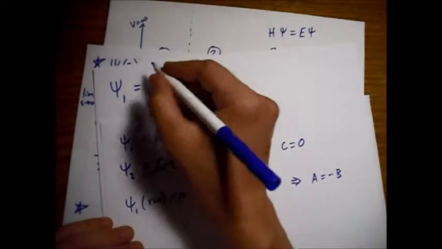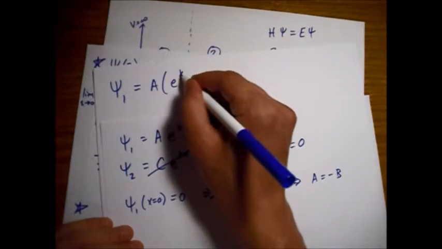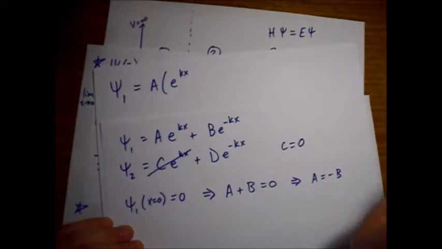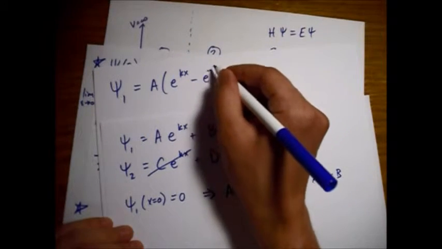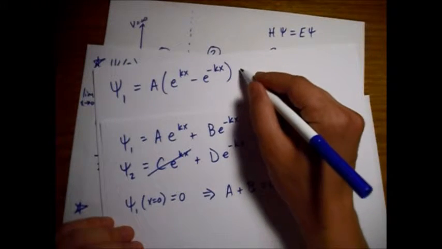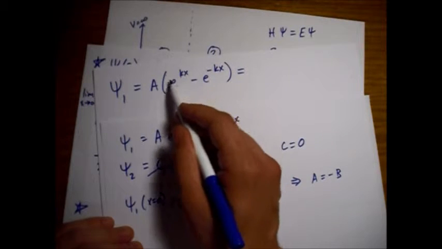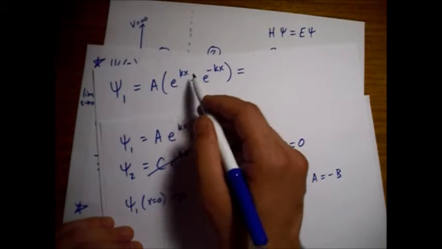We get e to the kx minus e to the minus kx, which is just hyperbolic sine multiplied by 2.